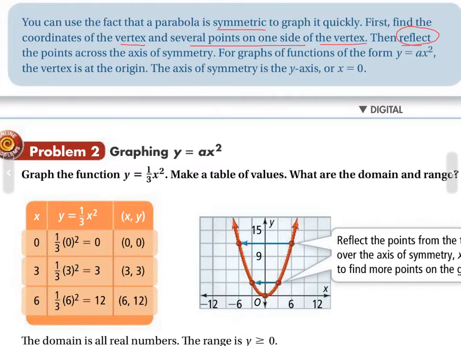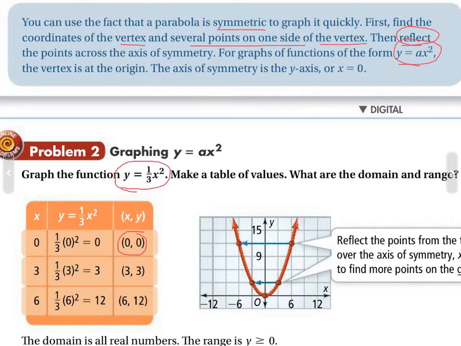So if we look at this example here in problem 2, the function is y equals 1/3 x squared. Because it's just that ax squared form, the vertex is always going to be at the origin. So we know we're going to have the point (0, 0) as our vertex.